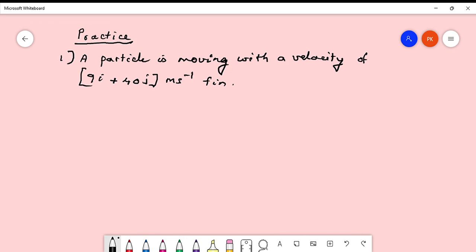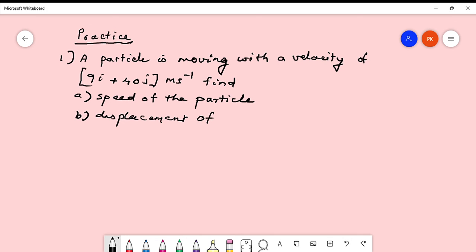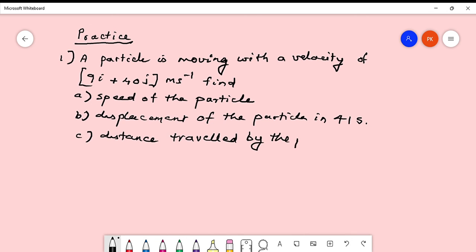Find part A, the speed of the particle, B, displacement of the particle in 41 seconds, and distance traveled by the particle in 41 seconds.